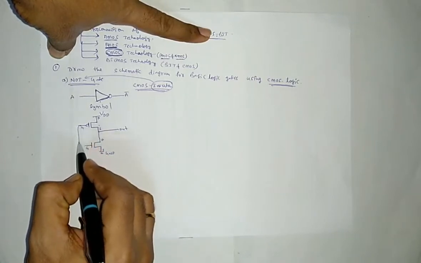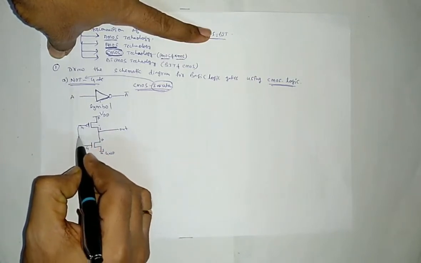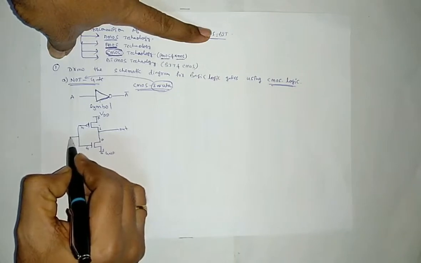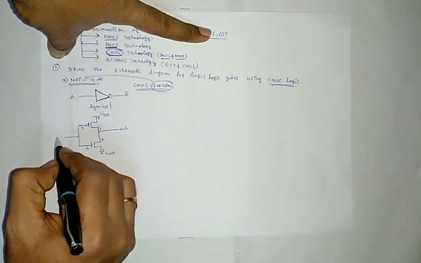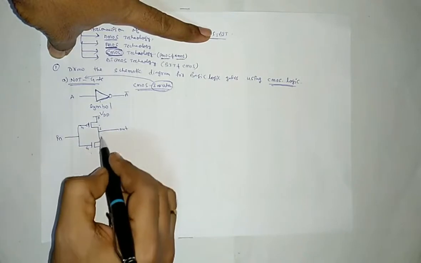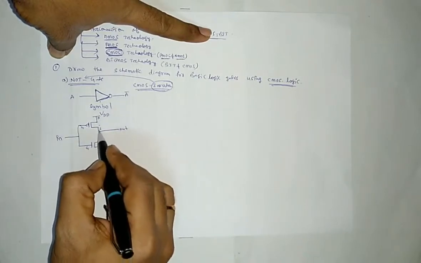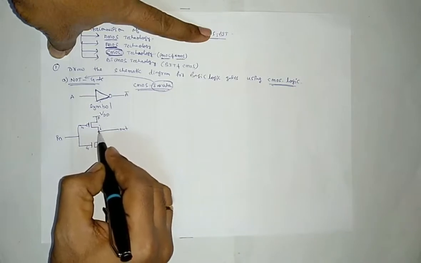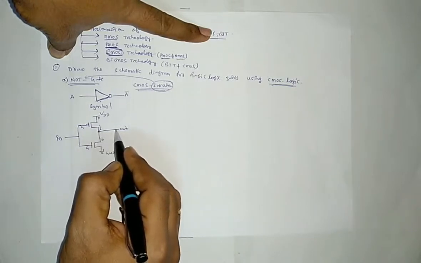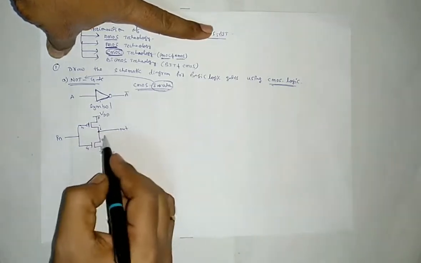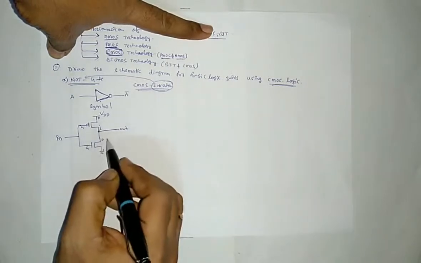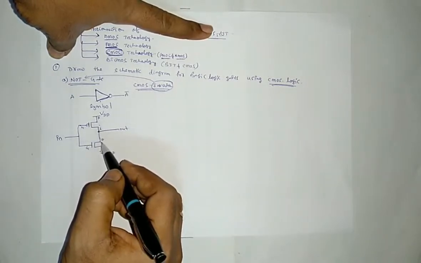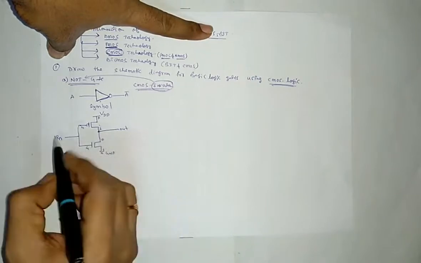And these two gate terminals are taken as common, and that is the input terminal. The source and drain of PMOS and NMOS are interconnected and taken as the output terminal. So now this is the NOT gate.